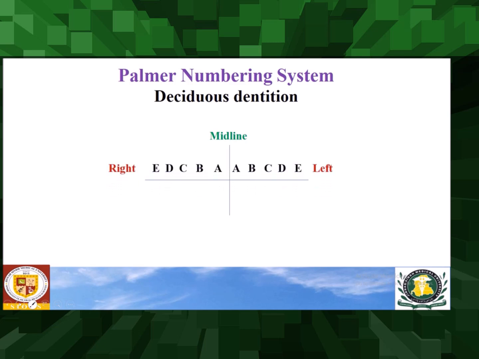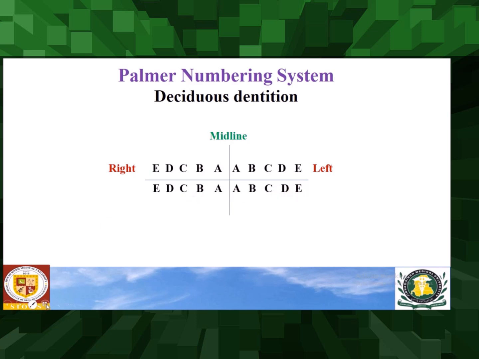We use capital alphabets that start from the midline. This is A, that indicates the maxillary right central incisor, till E, that indicates the maxillary right second molar. Same alphabets are used in the left maxillary quadrant, and in the mandibular quadrants.